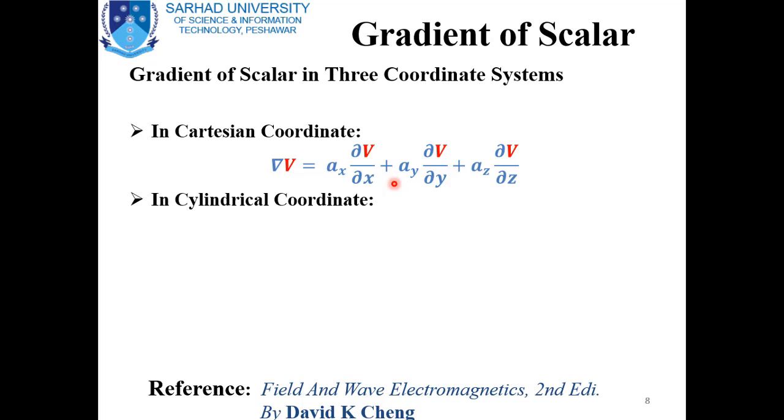If we replace these parameters, the gradient of a function in the cylindrical coordinate is equal to a_r del v by del r plus a_phi del v divided by r del phi. This r is here due to the second metric coefficient h2, which is equal to r in the cylindrical coordinate, plus a_z del v divided by del z.